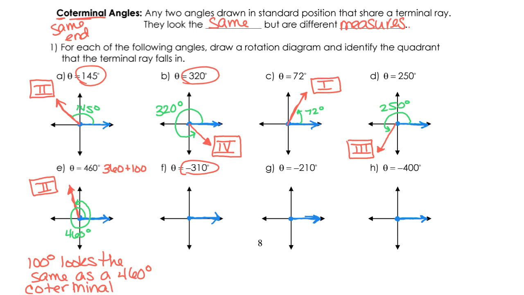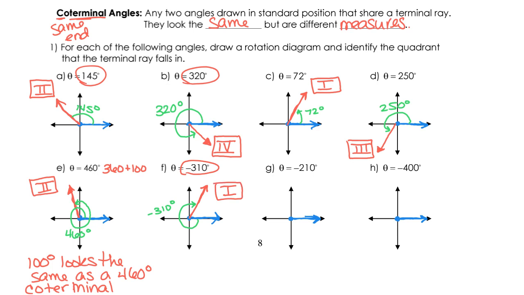So negative 310 is probably somewhere around here. Okay, but watch how I draw it. You have to rotate down and around this way to hit negative 310 degrees. Okay, and we ended up in quadrant 1. So that's where the terminal ray falls.